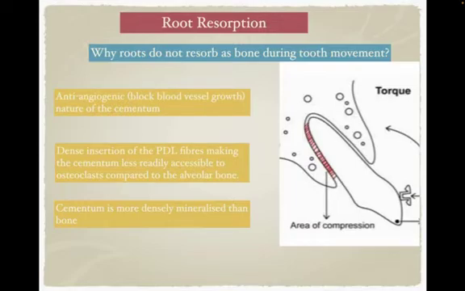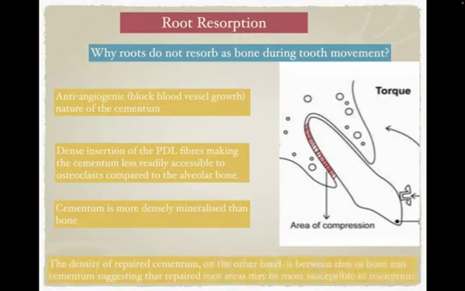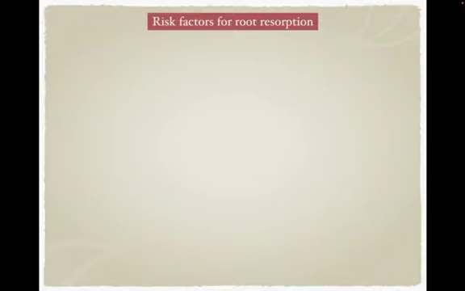Now this repaired cementum is less mineralized compared to the original cementum, still more than the bone, but less than the regular cementum, which makes it more vulnerable to resorption. For that reason, if a patient attends the clinic who previously had orthodontic treatment and a previous root resorption, it means that he will be more vulnerable to more resorption because the repaired cementum that he has is less mineralized compared to the original cementum.